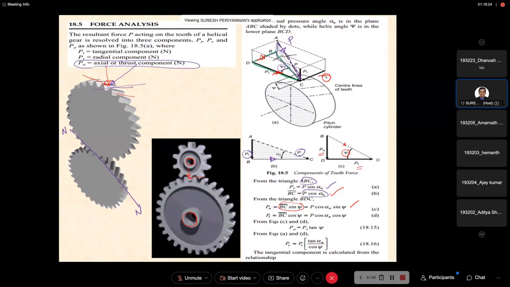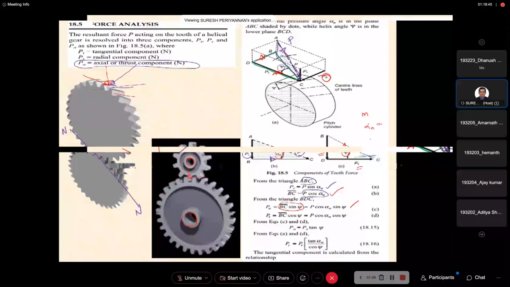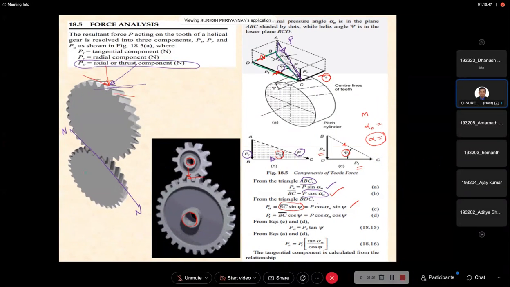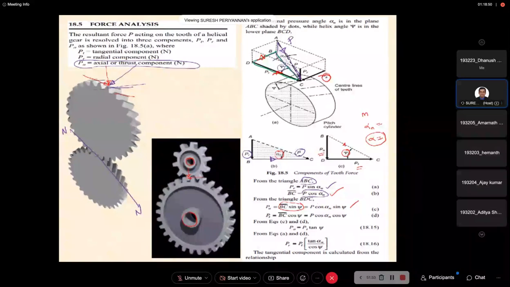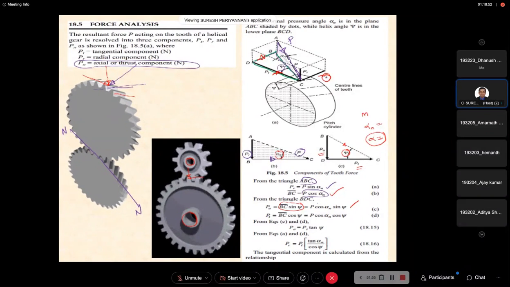This triangle is with respect to the helix angle, and this triangle is with respect to our normal pressure angle. Because we are considering alpha in the transverse pressure angle.